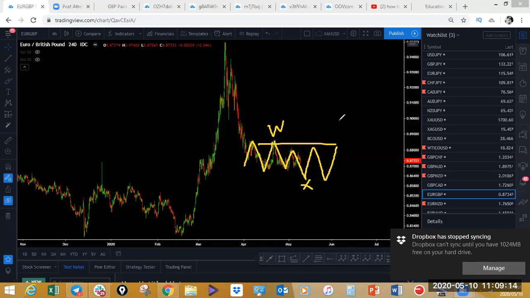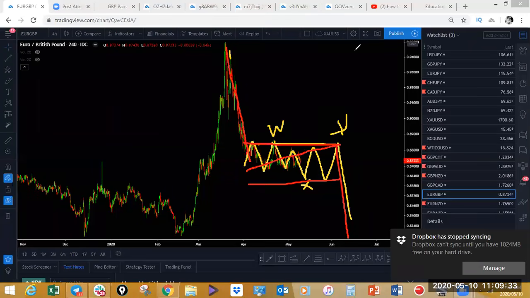I've shown a regular flat here, but it can be a zigzag, can even be a triangle, and we'll be looking for this. So that's a move down here in 3 waves, 3 waves correction, and then downside. It's also consolidation. You can see they're all going sideways, and this is only on the 4 hour. Okay, so we still have a couple of days of these corrective structures to play out.